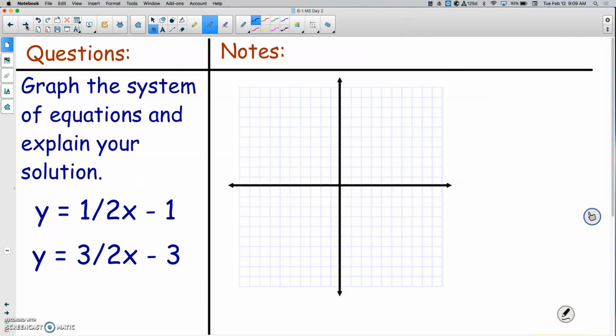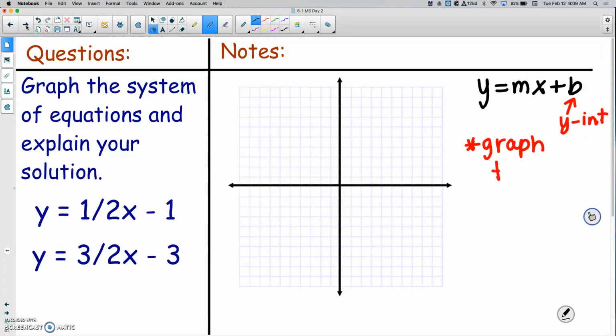So today we're working with graphing lines. So just to review, when equations are written in slope-intercept form, you graph the y-intercept first. And the y-intercept goes on the y-axis.